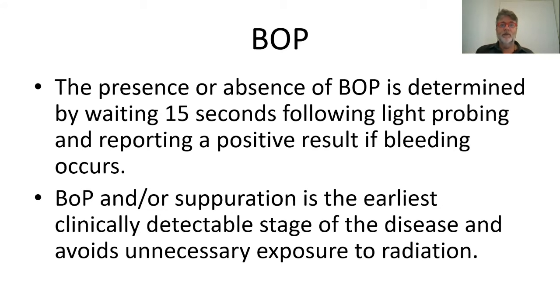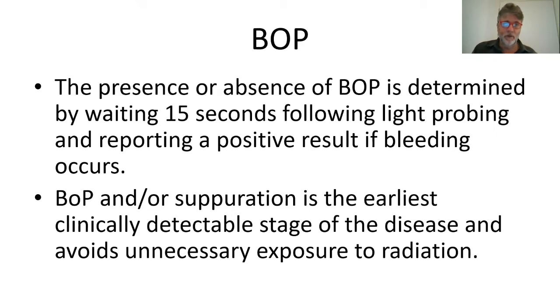So the presence or absence of bleeding on probing is determined by waiting 15 seconds following light probing and reporting a positive result if bleeding occurs. So you just very gently, with this 0.25 newtons pressure, probe the tissues. You don't ram the tissues down so the patient jumps out of the chair.